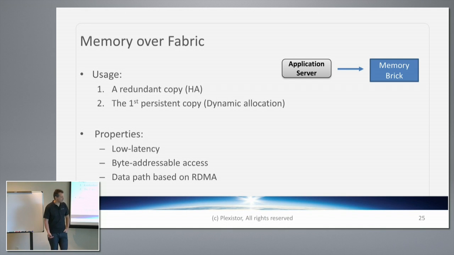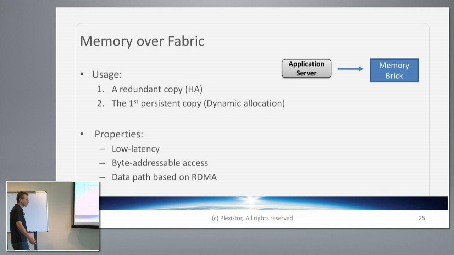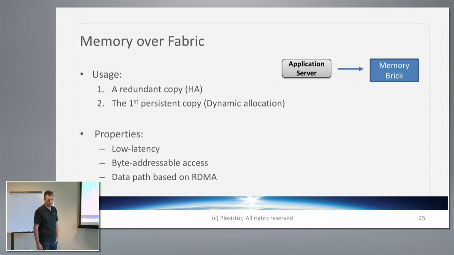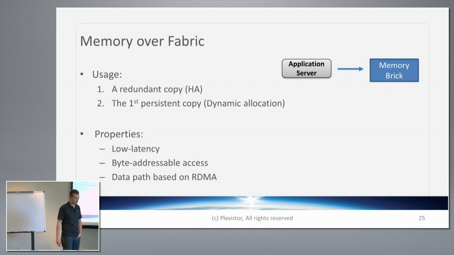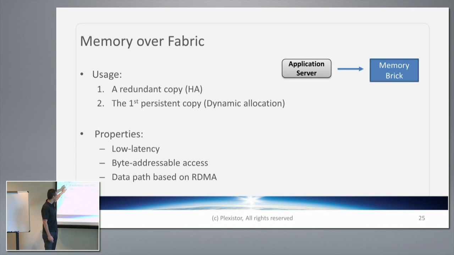One is having a redundant copy of your data elsewhere, not on the same node that you're running your application. And what that means is basically high availability in the old sense, right? You have multiple copies, 2, 3, whatever number of copies, all available, all persistent, and you can recover from them on another application server. So that's the first use case.